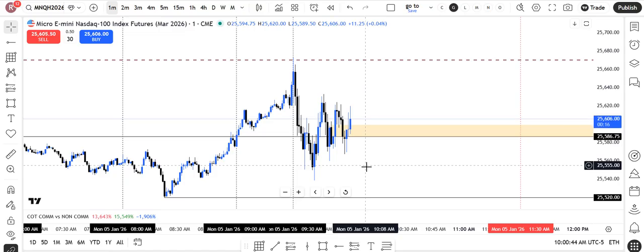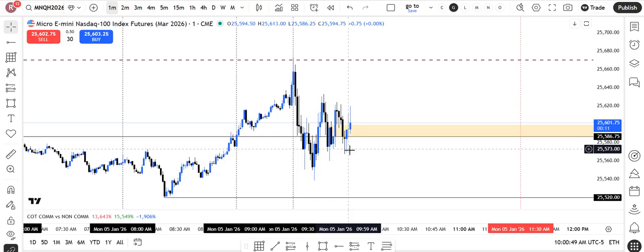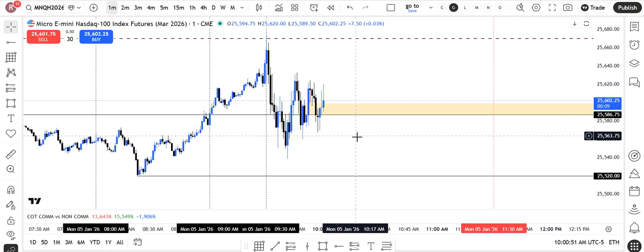Anyways, so now it's still making an attempt to get above the first presented fair value gap.